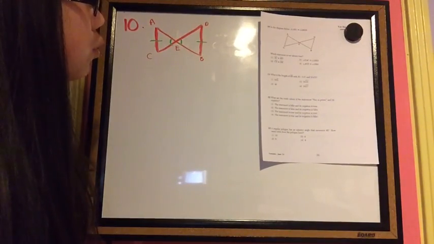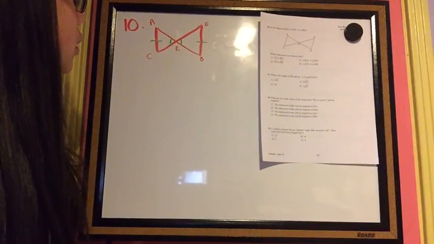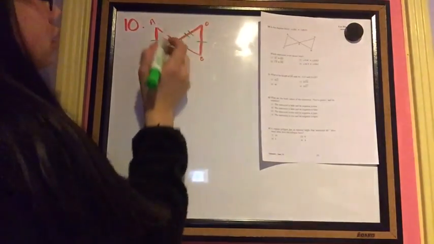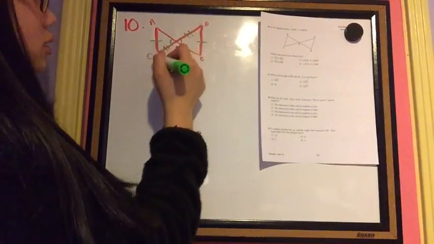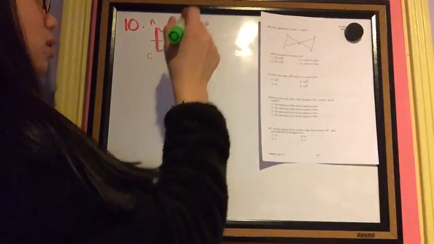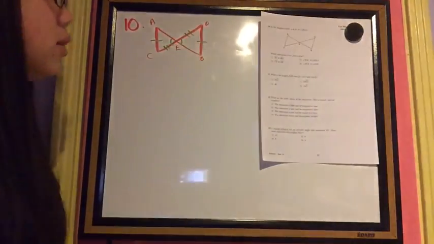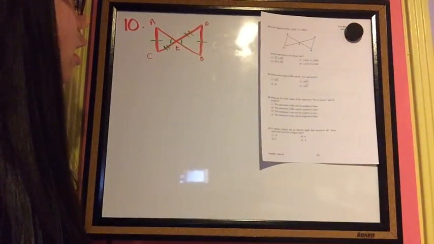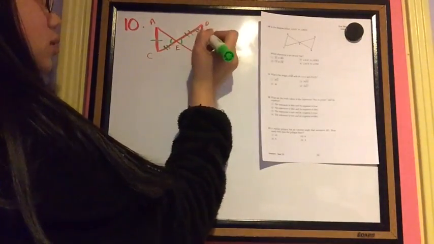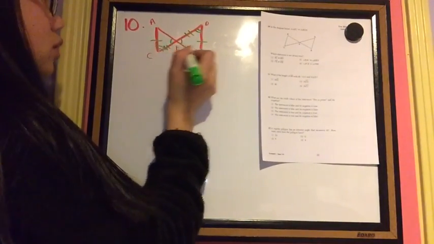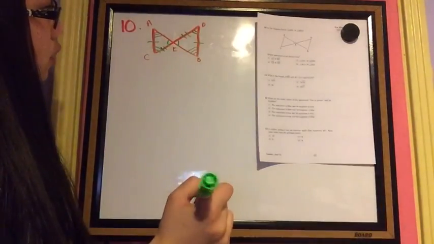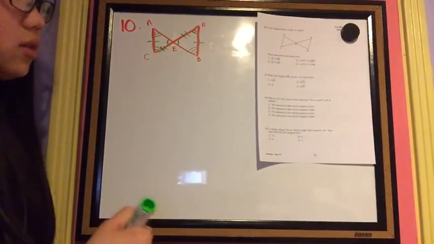And we also know that these two must be congruent because line AB intersects CD and vice versa, so CD intersects AB. And from there you can figure out the rest. So that would equal angle D equals angle C and angle B equals angle A, and so on with the sides.